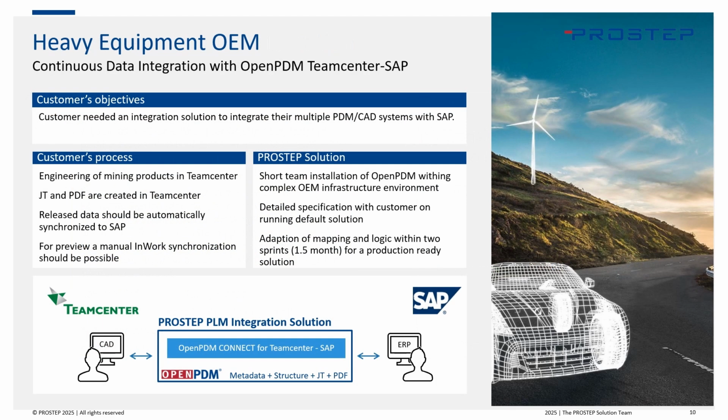So a good example of that is a heavy equipment OEM where we deployed OpenPDM to do synchronization between Teamcenter and SAP. They're doing their engineering in Teamcenter, and at release they want to have data synchronized.